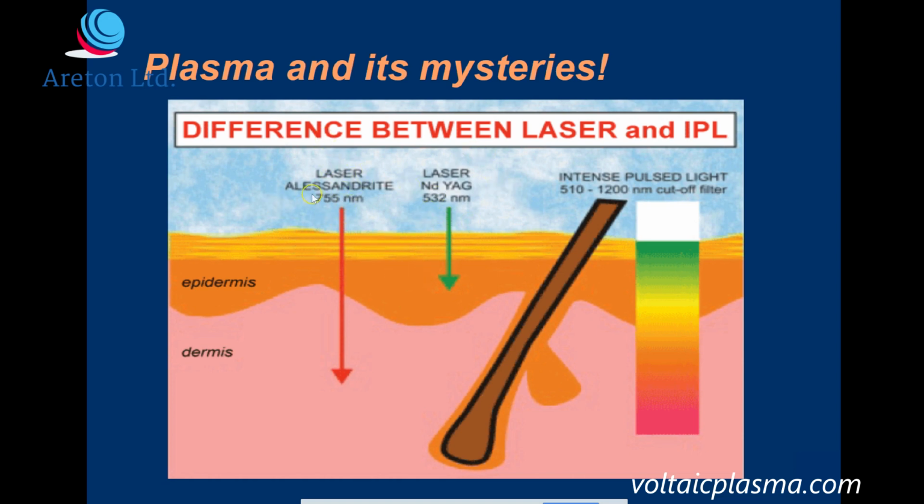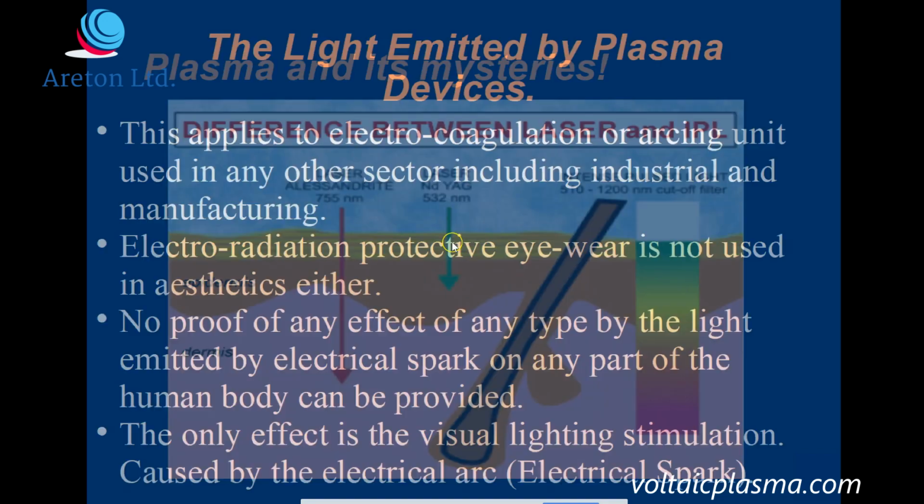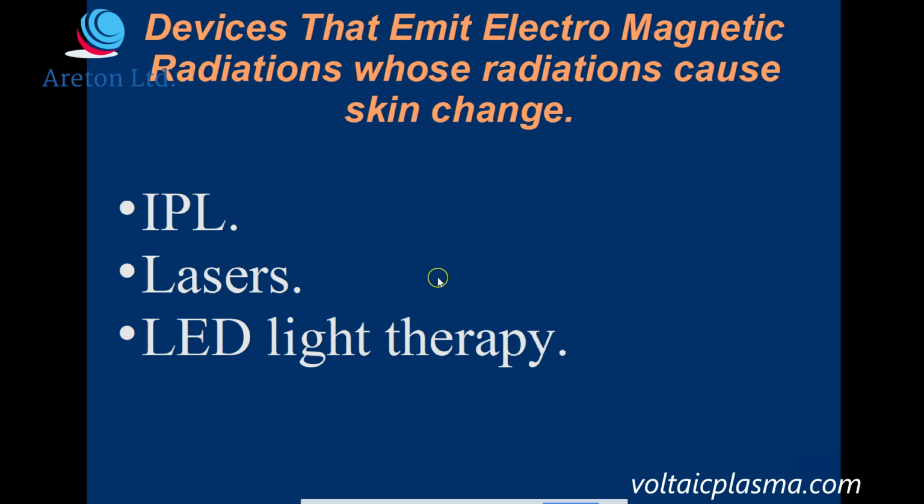That is an example of an Alexandrite laser, which has a light at 755 nanometers, and a YAG laser at 532 nanometer.